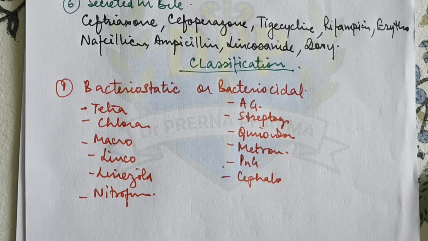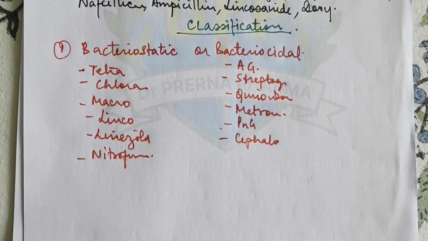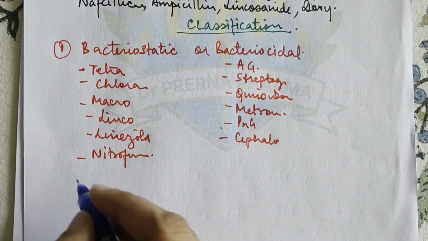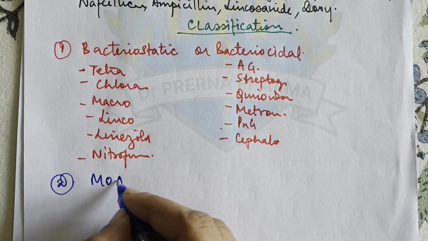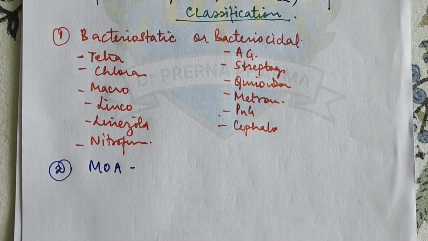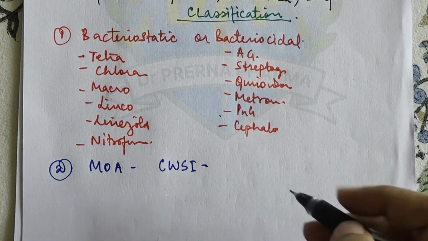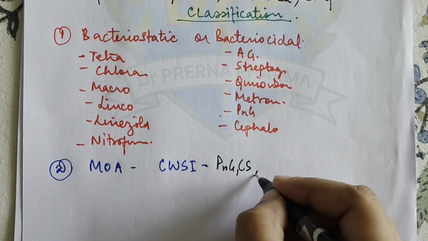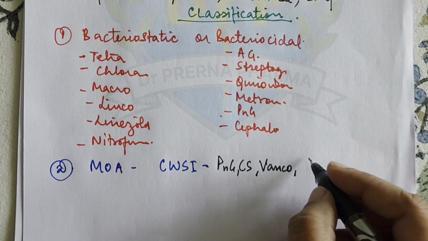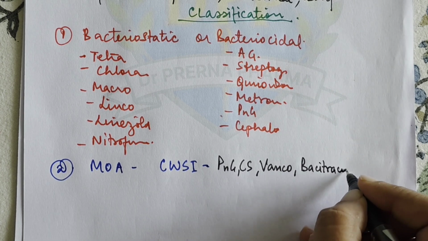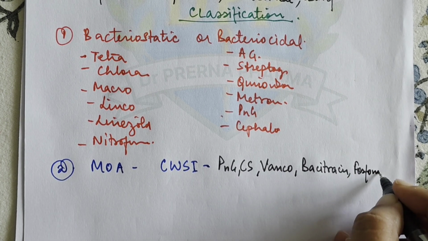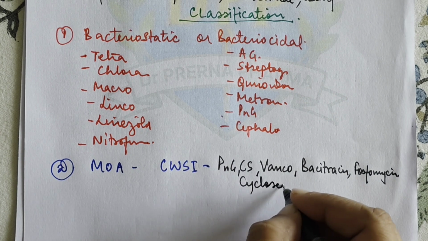Okay? Another classification is based on the mechanism of action. First we have the cell wall synthesis inhibitors: penicillin, cephalosporins, vancomycin, bacitracin, fosfomycin, cycloserine.